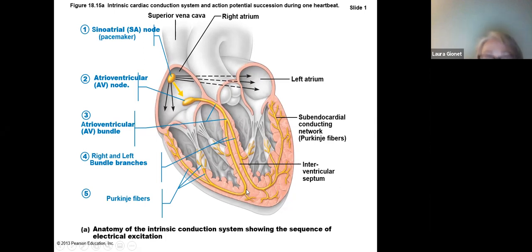And after they pass the apex of the heart, which is the inferior, pointy part of the heart, all those subsequent branches, or the continuations of those bundle branches, are Purkinje fibers. And you see how they travel in between the different cardiac muscle cells here in the myocardium.